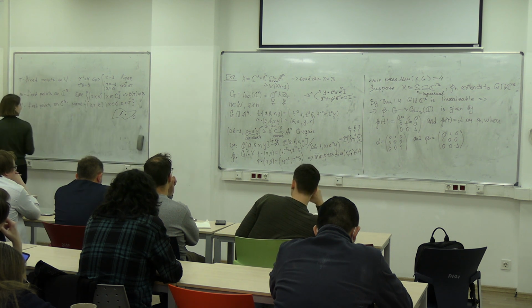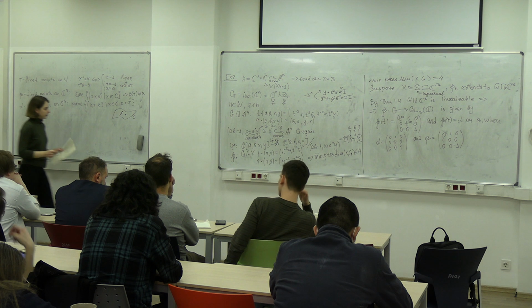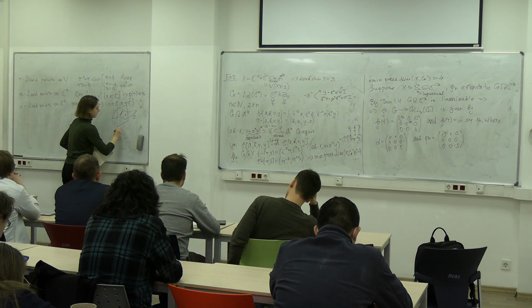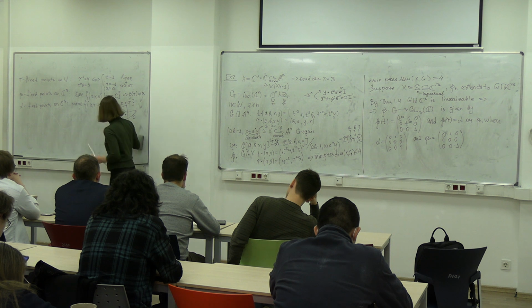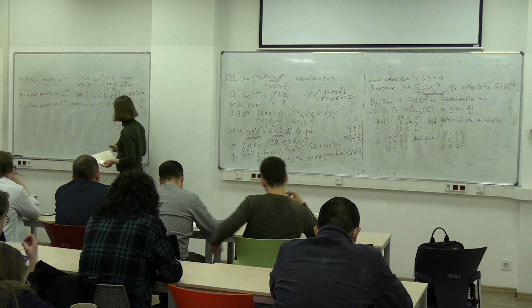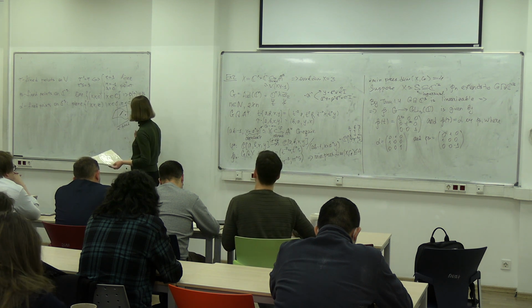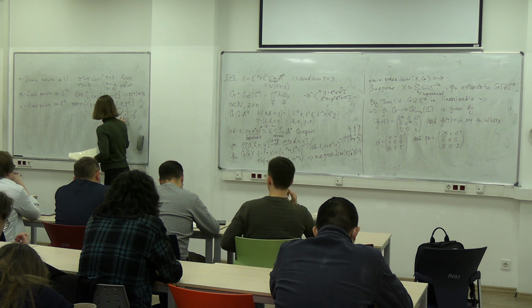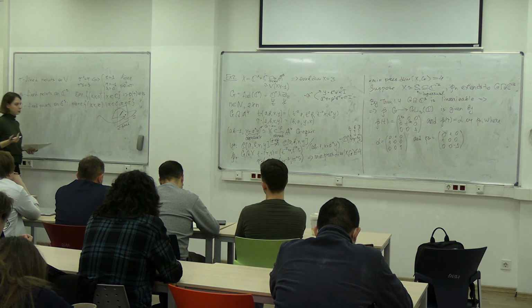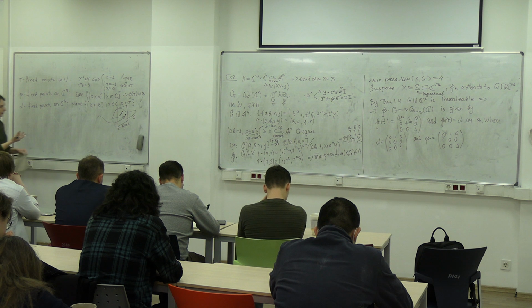Anyway, here we get contradiction 2. We take alpha fixed points, they form a plane, and we intersect it with the hypersurface, and it cannot be that some irreducible component of our intersection is a point.